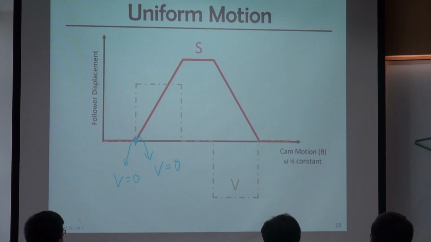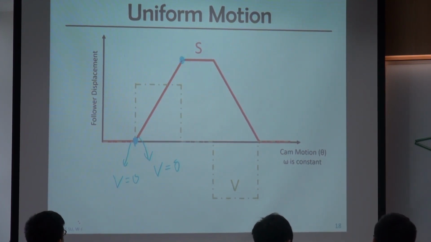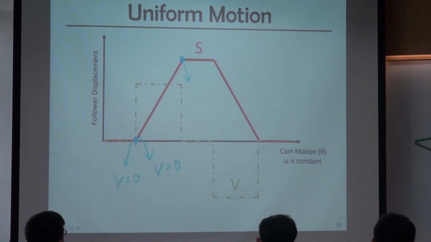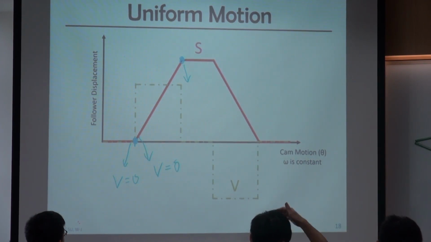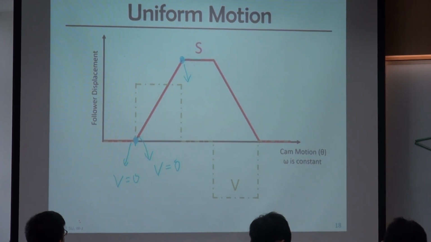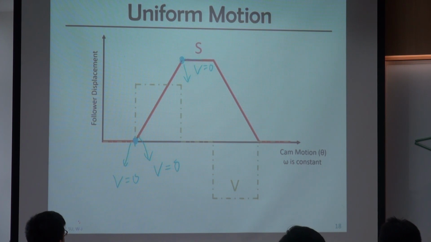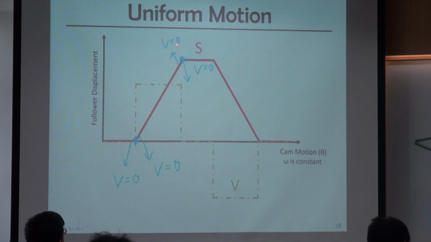And same for this point, because we know after this point the velocity is going to be 0. So we need to make sure right before this point the velocity is also 0. If this happens, then there won't be infinite acceleration.